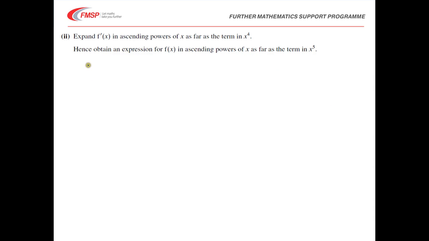Okay, so f dashed of x was a half times 1 plus a quarter x squared to the minus 1. Writing it in that form because I'm going to need to expand using the binomial.